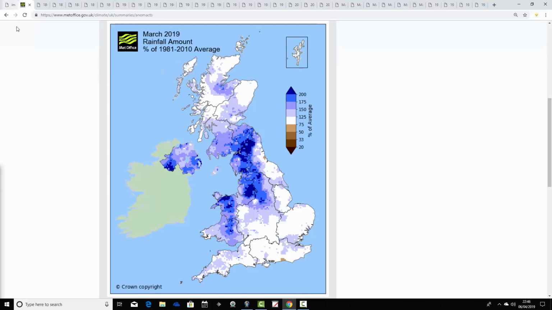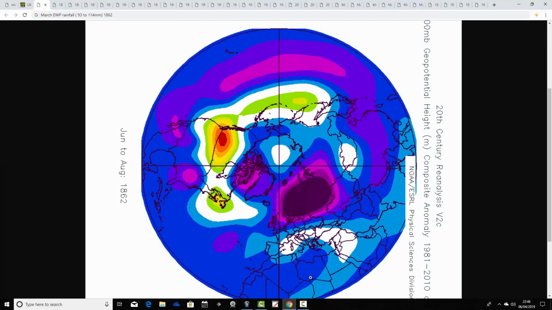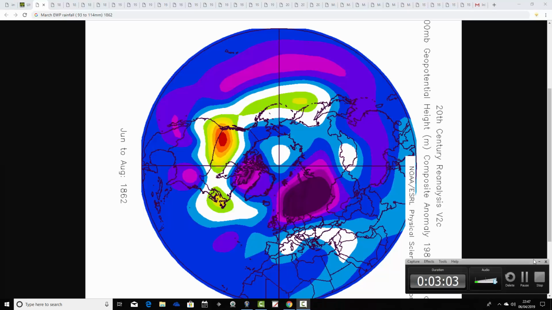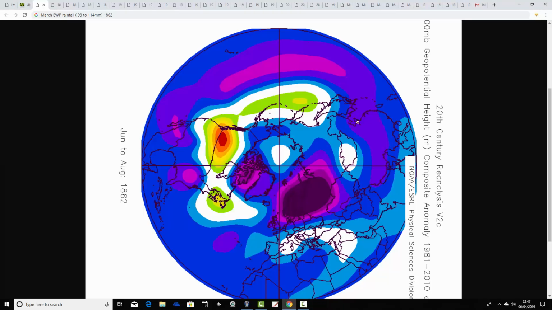The first year we're going to be looking at is 1862, and this is how the summer of 1862 shapes up. Very unsettled summer.